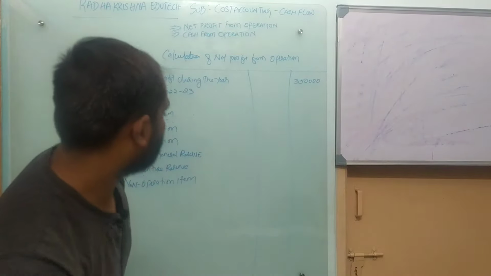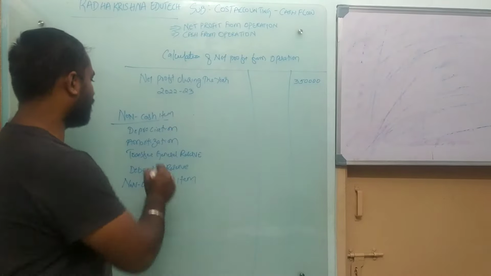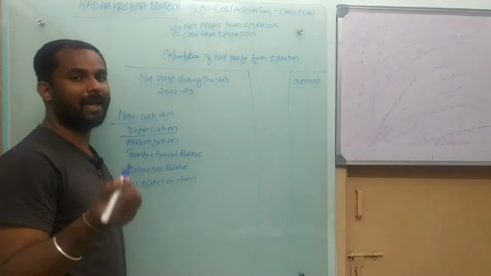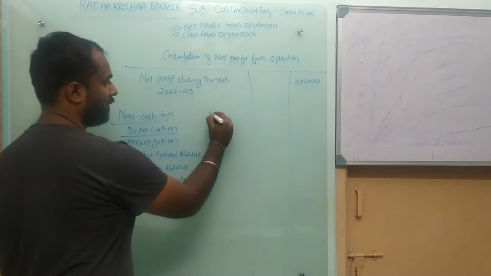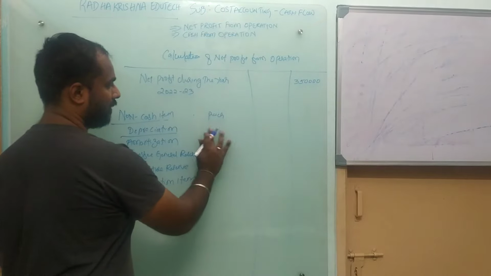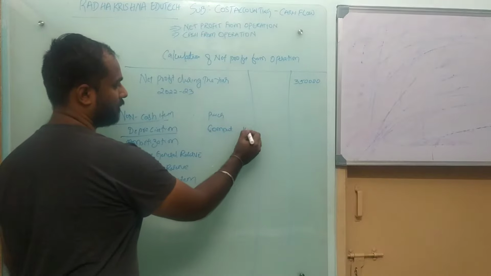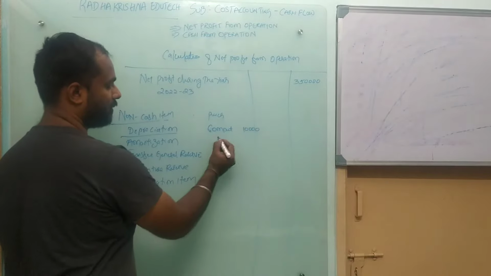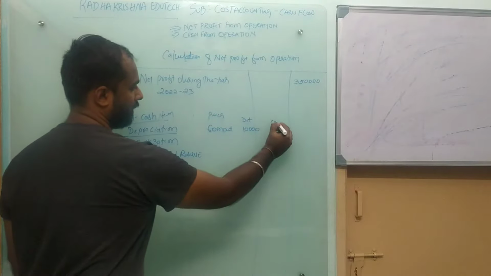Same way, now the non-cash item, for example depreciation. Does depreciation involve any cash? No. For example, if you have purchased an asset, what will your first entry be? Fixed asset computer debit, for example 10,000 you would have purchased. This is debit, this is credit.